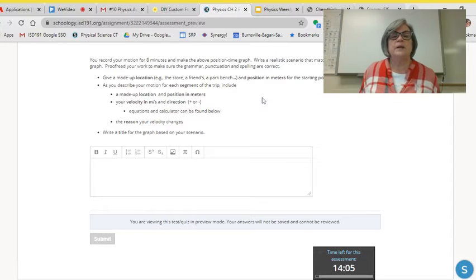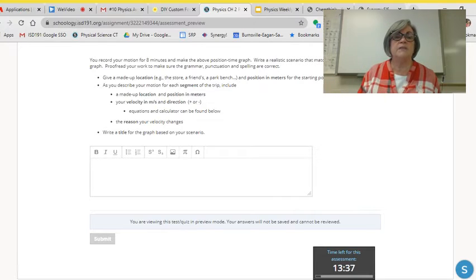Then for each segment of the trip, I would like for you to tell me what the destination is for that segment. So for the first segment, if you started at, let's say, your house and you're walking towards your mother's house or toward a friend's house, you would tell me what the name of the location is for the endpoint of that segment, and then the velocity.